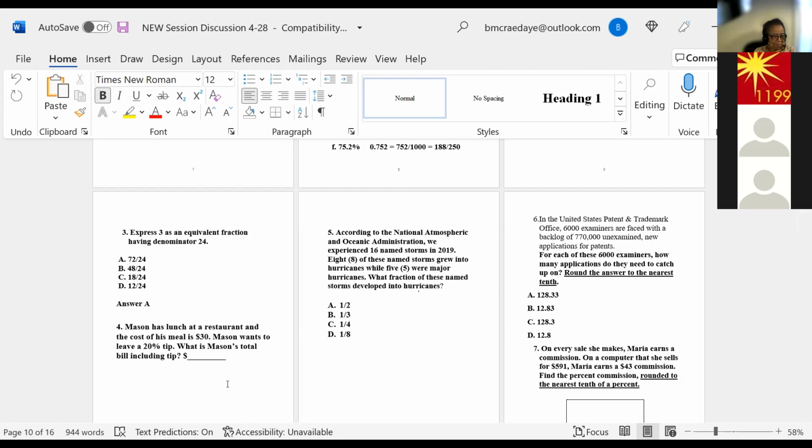Mason has lunch at a restaurant, and the cost of his meal is $30. Mason wants to leave a 20% tip. What is Mason's total bill, including tip?